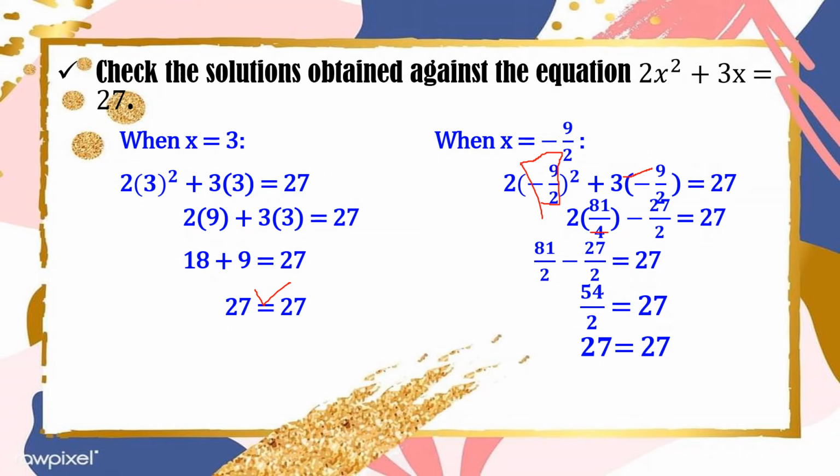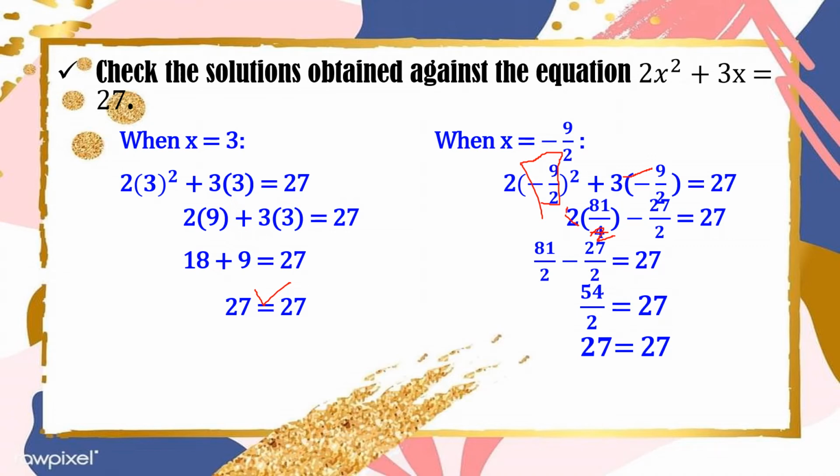Then, this time we're going to simplify 2 and 4. So, this time it will become 1 here, and beside 4 it will become 2. Then, it will become 81 over 2 minus 27 over 2 equals 27.